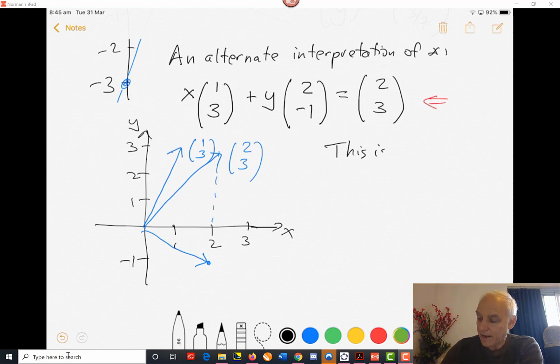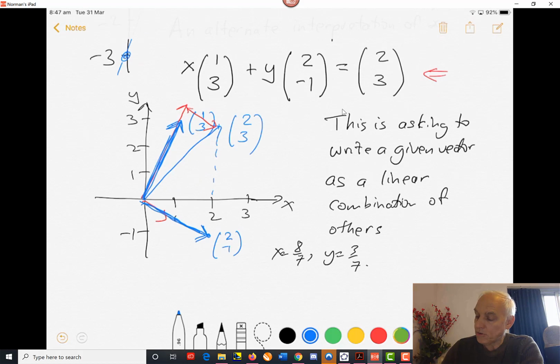So we're taking 8/7 of this vector (1, 3), and we're adding 3/7 of this vector, which is the vector (2, -1), and we're getting the vector (2, 3), which is this one here. So it's another interpretation of the meaning of this system of equations.